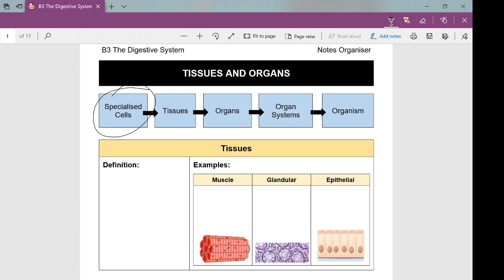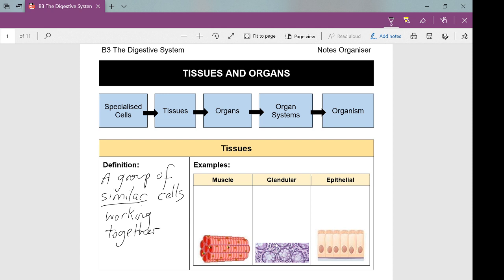So if I were to write a proper definition here for what a tissue is, I would say it is a group of similar, sorry about my handwriting, cells working together for a specific function.